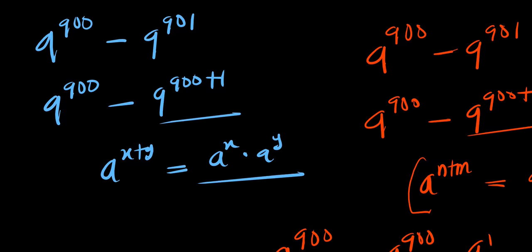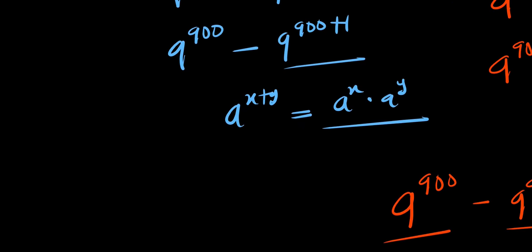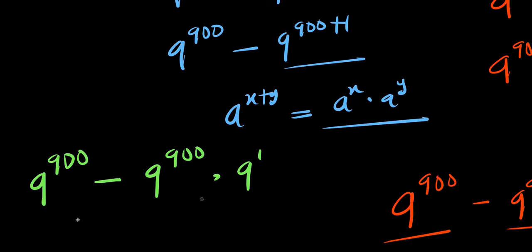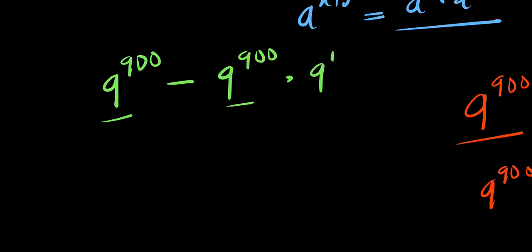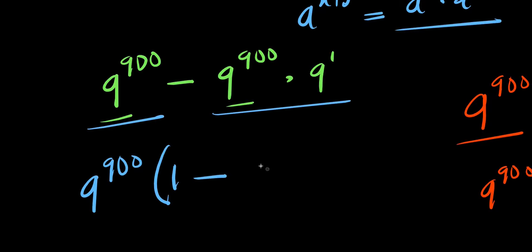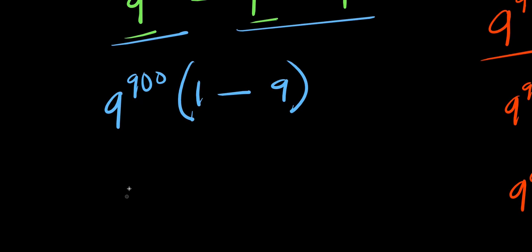Applying that here, I will simply have 9 to the power of 900 minus 9 to the power of 900 times 9 to the power of 1. I factor out 9 to the power of 900. So from here, I have 9 to the power of 900 times, this divided, I have 1 minus this divided, I have 9. So from here, I have 9 to the power of 900 times 1 minus 9. This is negative 8.